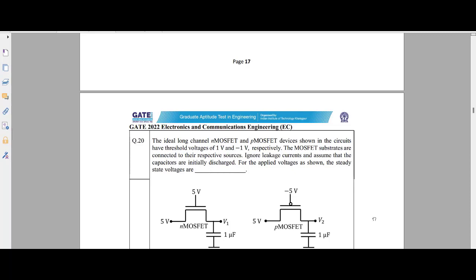The ideal long channel NMOSFET and PMOSFET devices shown in the circuits have threshold voltages of 1 volt and minus 1 volt. The MOSFET substrates are connected to their sources. Ignore leakage currents and assume that the capacitors are initially discharged. For the applied voltages as shown, the steady state voltages are.